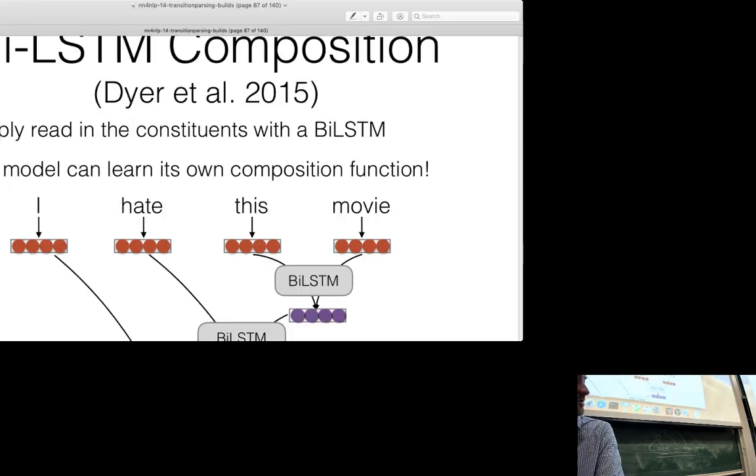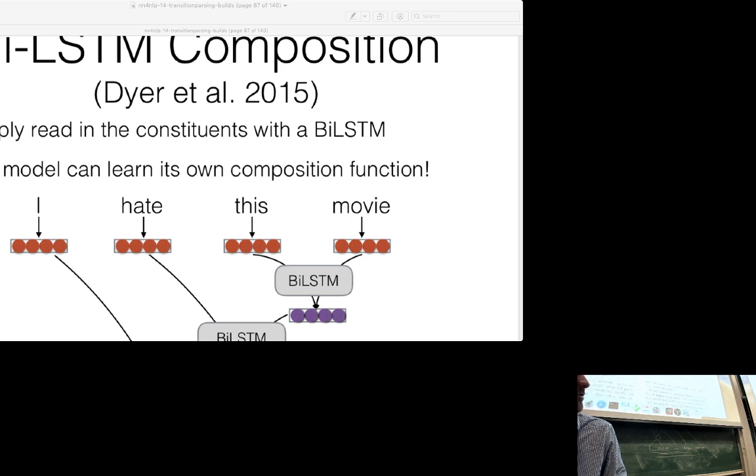I forgot to add a slide about this, but if attention is all you need, then you can also do it with attention. This paper also proposes a method to do attention over the constituents.